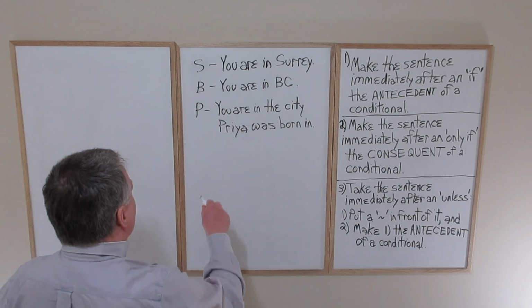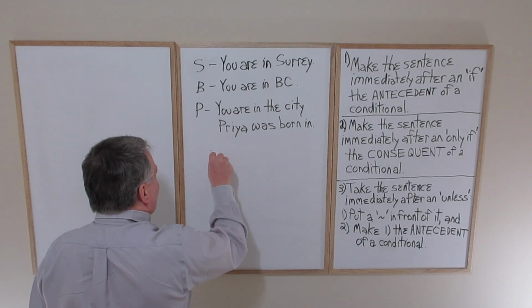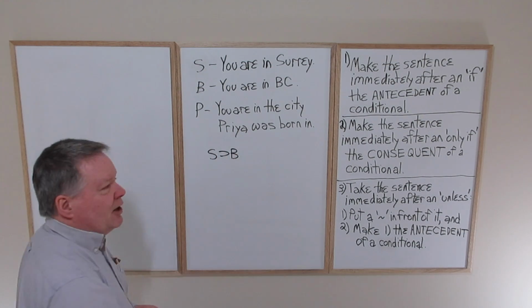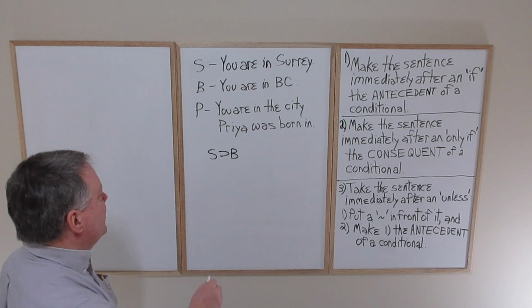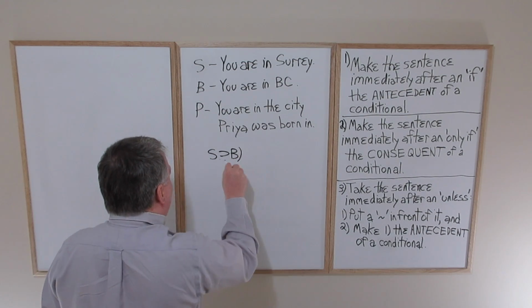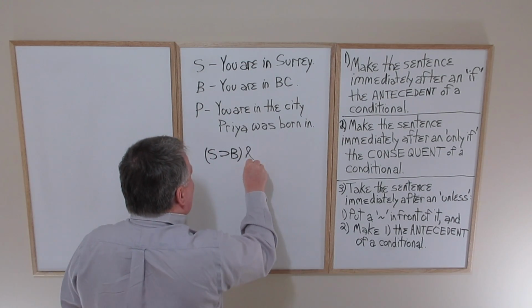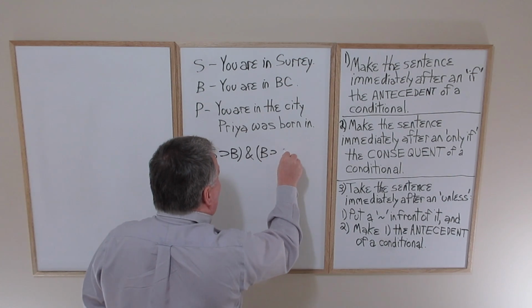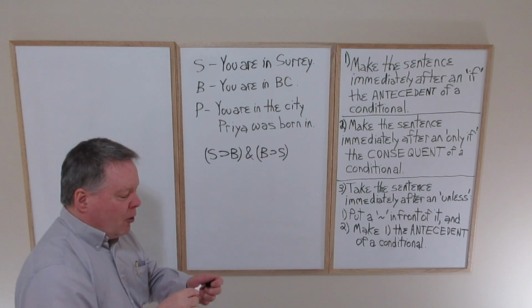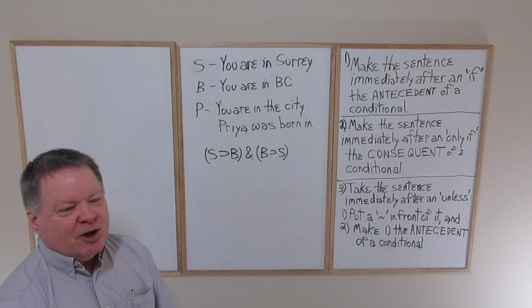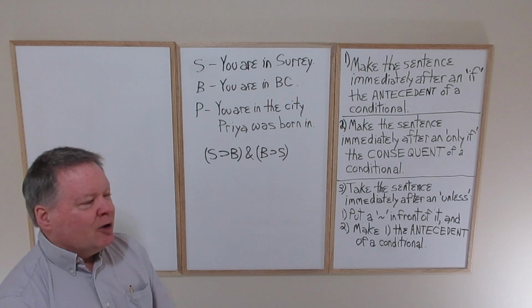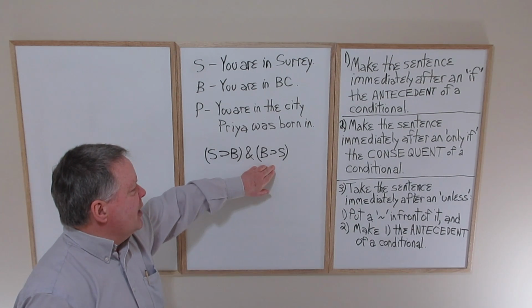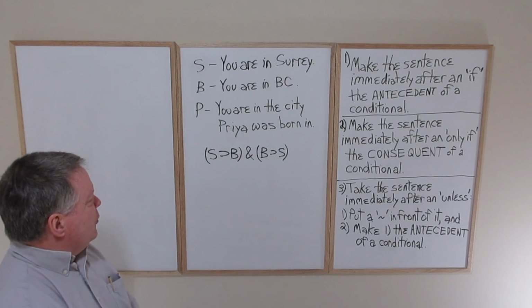So, the sentence, if you're in Surrey, then you're in British Columbia, is true as a matter of geographical fact. But the sentence, if you're in British Columbia, then you're in Surrey, is false as a matter of geographical fact, because there's lots of different places you could be in British Columbia where you're not in Surrey.